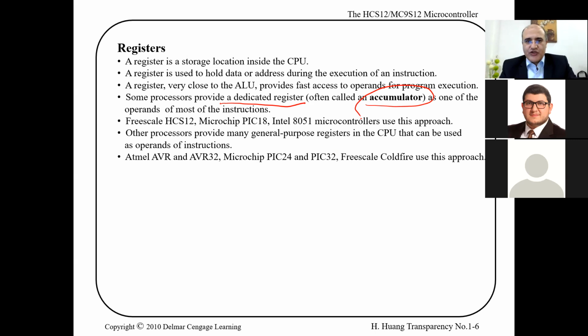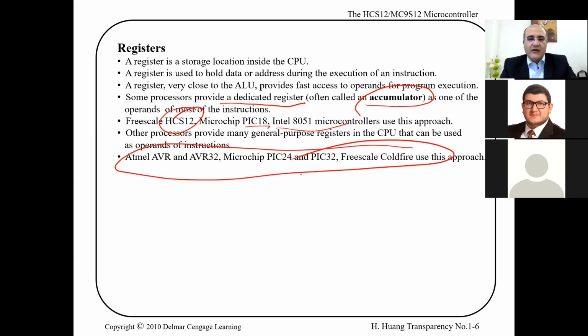Some examples of such processors: our HCS12 has accumulators, the PIC 18 family has accumulators, and the Intel 8051 controller has accumulators. Others don't. Those processors have many general purpose registers, and you can use any two to perform an addition, for example. It doesn't have to be A and B all the time.